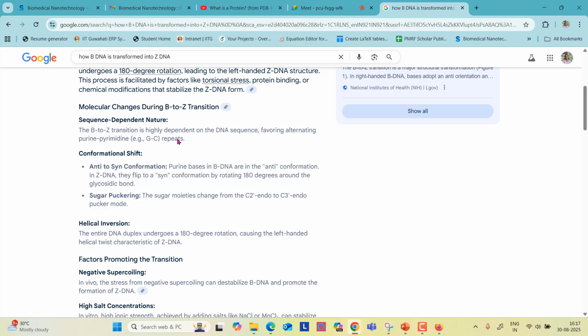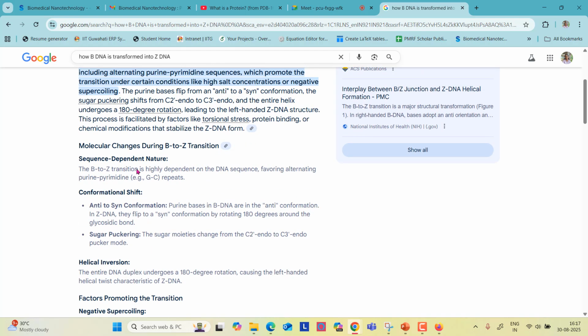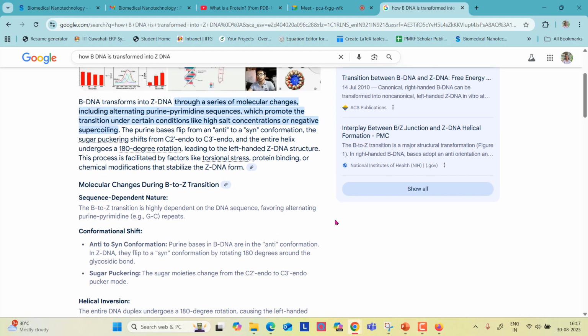It's required, ma'am. Because in B to Z DNA also, the orientation of the ATGC bonds, the bases will be shifted a little bit or alternated a little bit, right? So I think to change the sequence, helicase is required here.